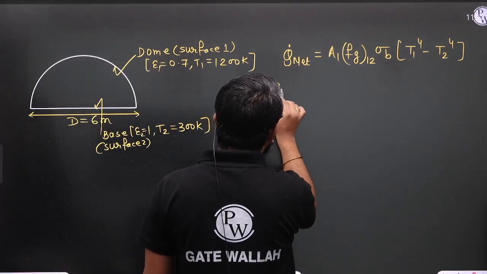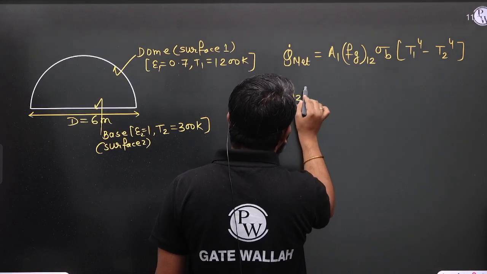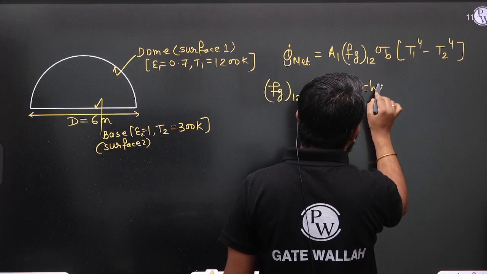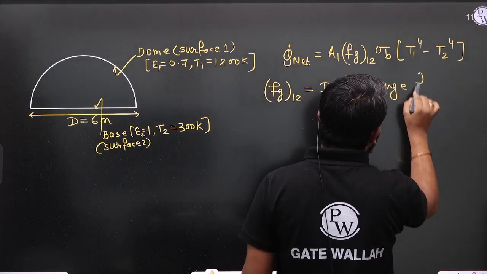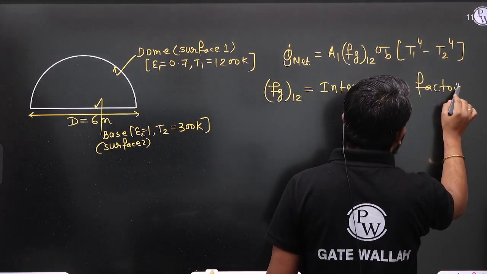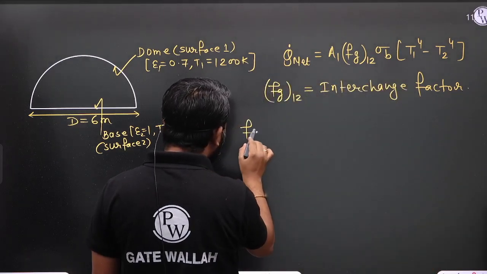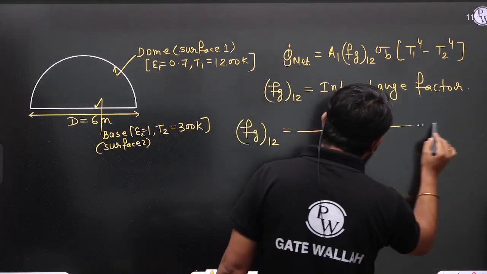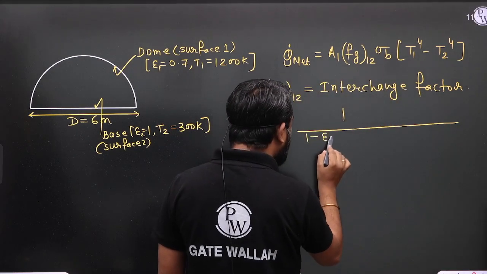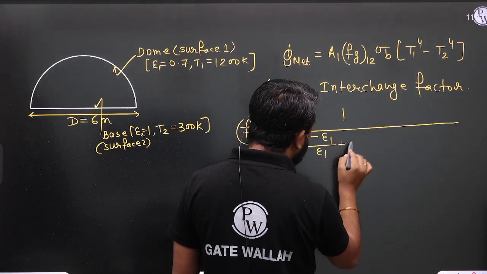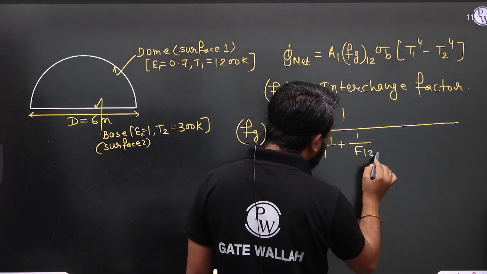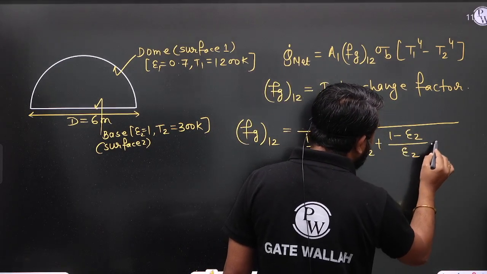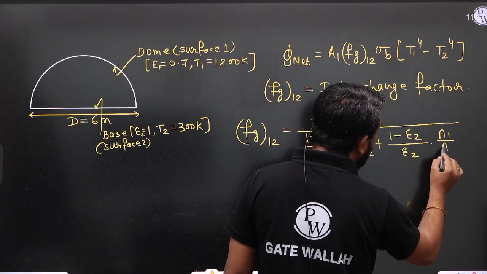That Fg12 is the interchange factor, right? And Fg12 is 1 upon [(1 minus epsilon 1) by epsilon 1 plus 1 upon F12 plus (1 minus epsilon 2) by epsilon 2 into A1 by A2], right?